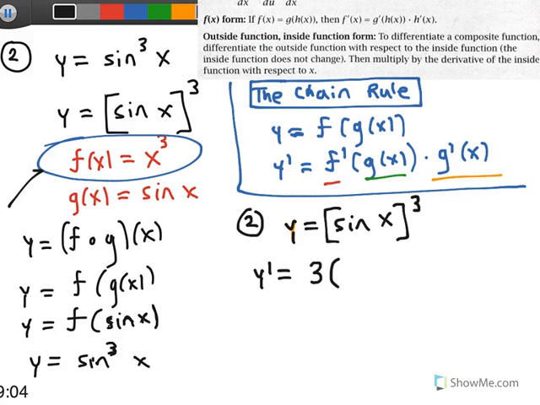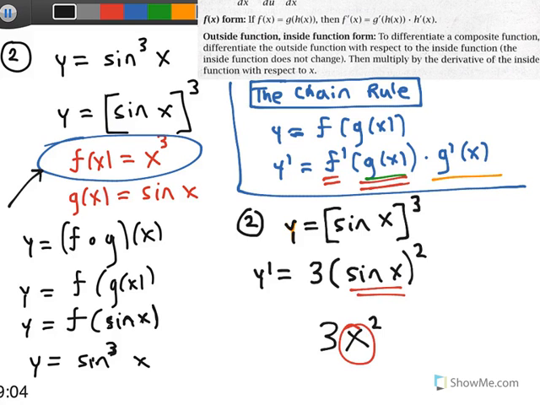So you normally would write 3x squared for the derivative of f of x is equal to x cubed, but the inside function in this problem is sine x, so you will actually write 3 times sine x squared. It's like 3x squared, but remember, the chain rule says you evaluate the derivative of the outside function at the input of the inside function. So in place of the input here, you write the inside function sine x.